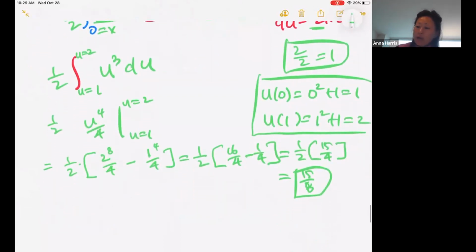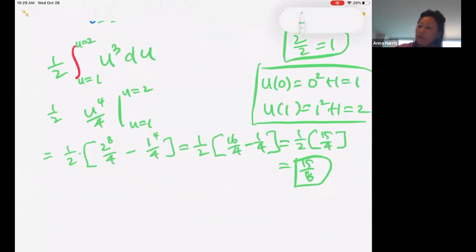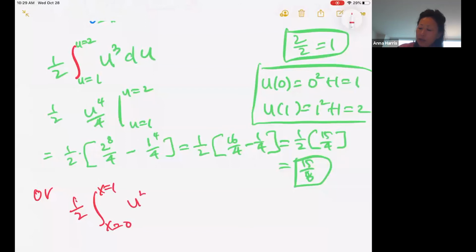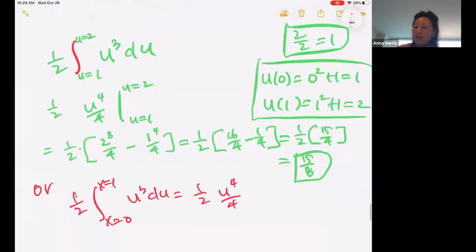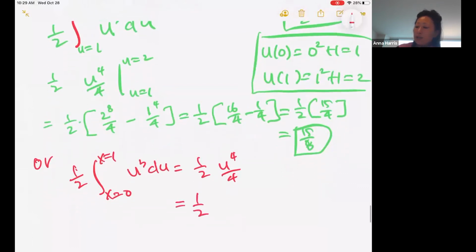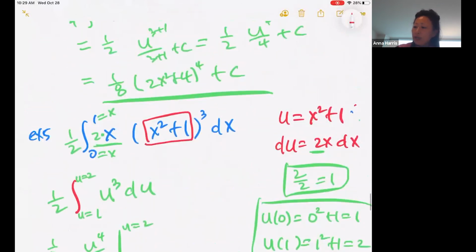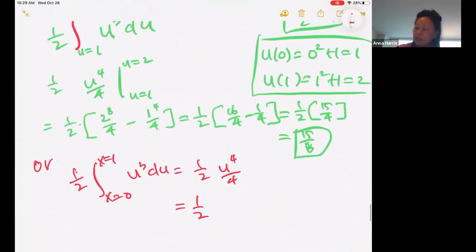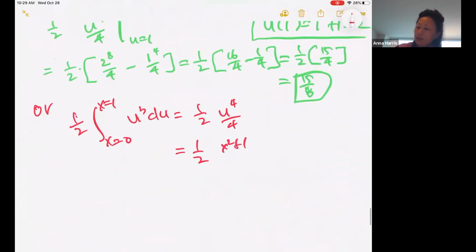If you want, you can do it like this, or let me show you another way. You can still leave the limits as x equal to 0 and x equal to 1, with 1/2 u to the third du, and you still get 1/2 u to the 4 divided by 4. In this case, you need to put your u back. What is your u? This: x squared plus 1 over 4. And now you are evaluating from 0 to x equal to 1.